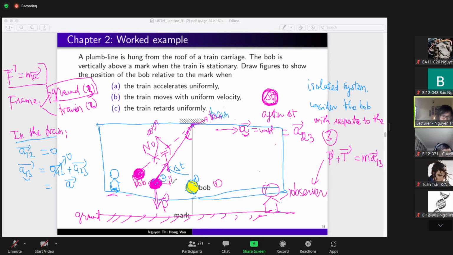This is the resistance force. And then you have F equal to M A13, which is equal to MA.